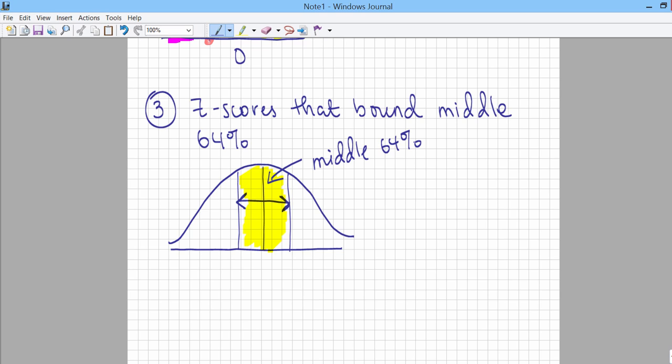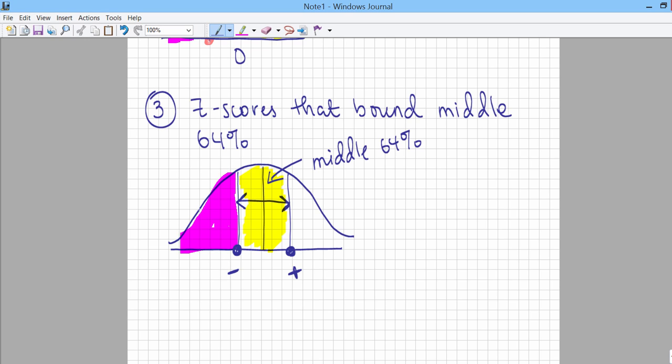Now remember, the command is set up in such a way that you need to find the area to the left of the z-score. So if I were to find this score right here, because it's symmetric, then this score will be the same as this one, except this one will be negative and this one will be positive.